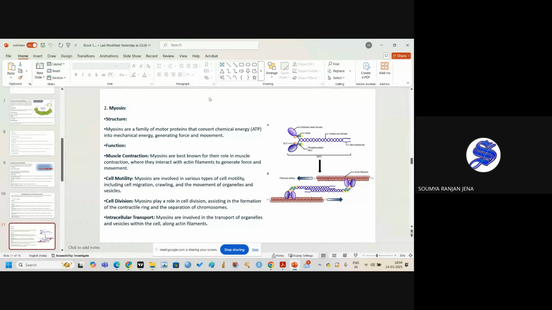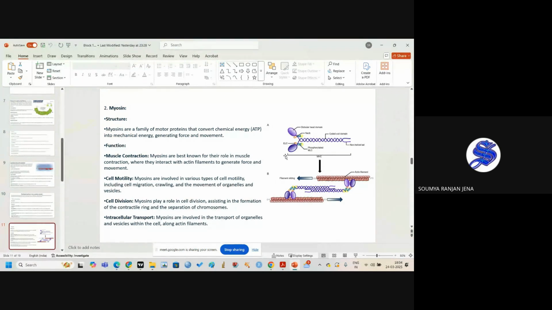This is the major motor protein during muscle contraction. If you go to the function of myosin, they are best known for their role in muscle contraction, where they interact with actin filaments to generate force and movement.